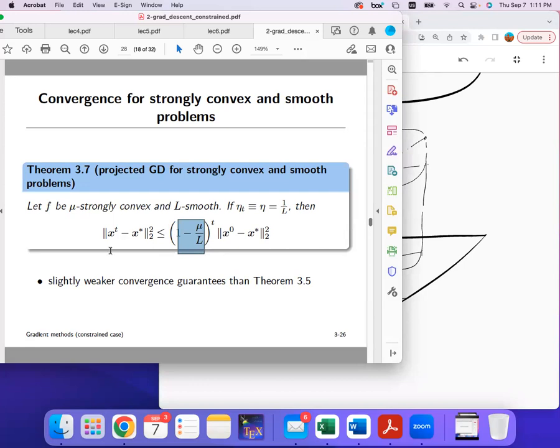So the difference is not very big. So this is a very interesting result. It seems that even if we have constraints, this algorithm can still achieve a very fast convergence.